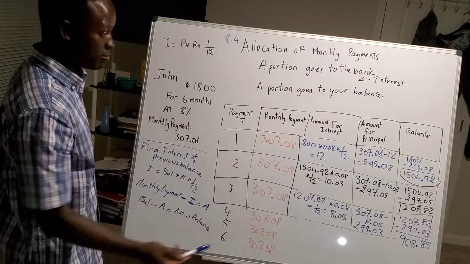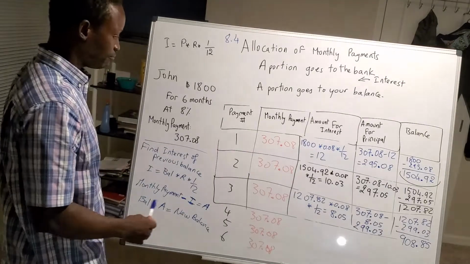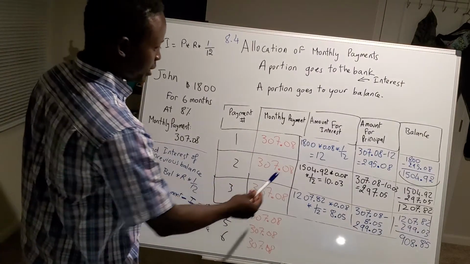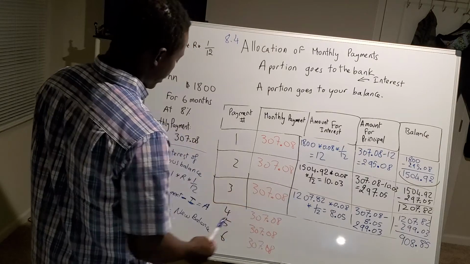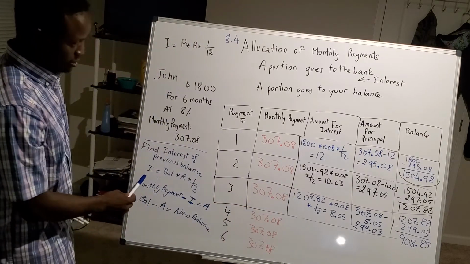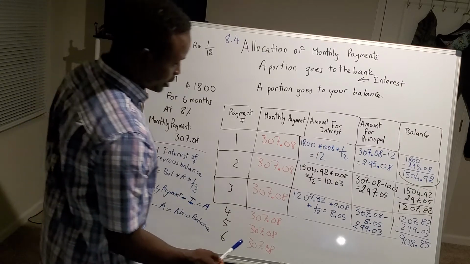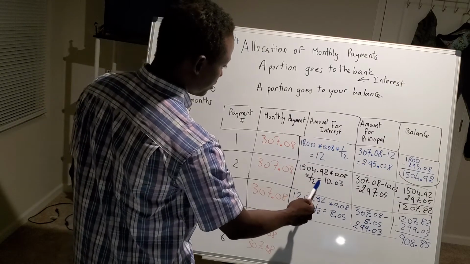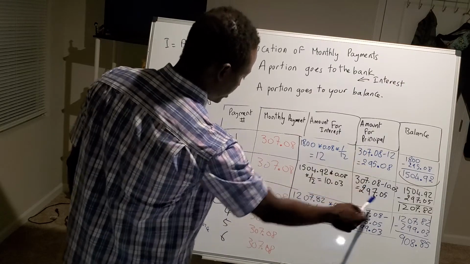And I hope you're not confused. When you do it on the table, it's simple, right? What do I have to do? Find the interest on the balance, and then, we know how to solve it. Then monthly payment minus the interest, right?